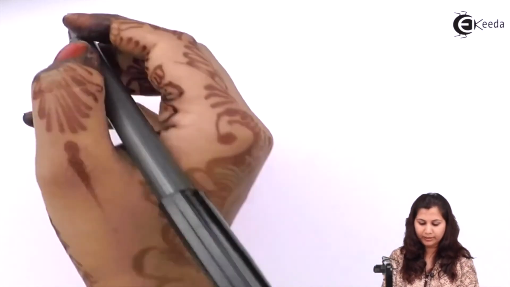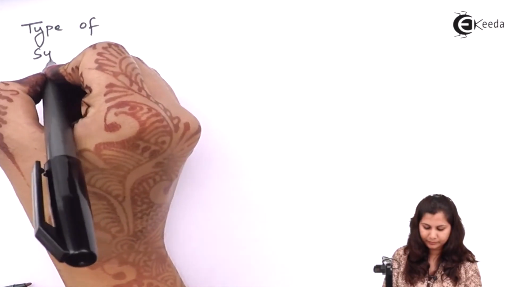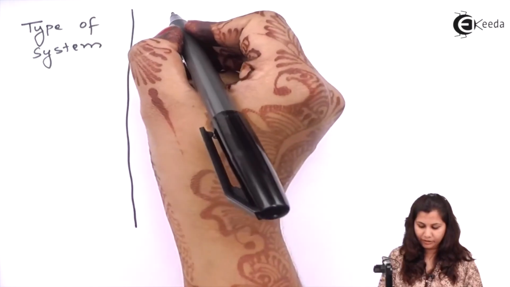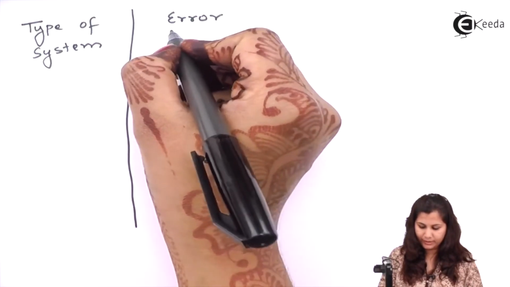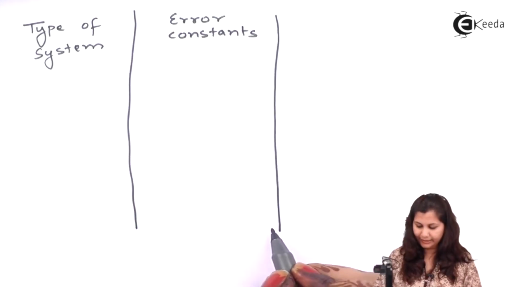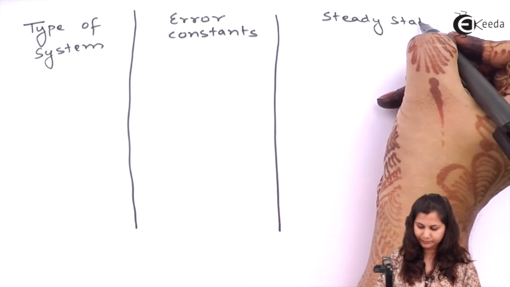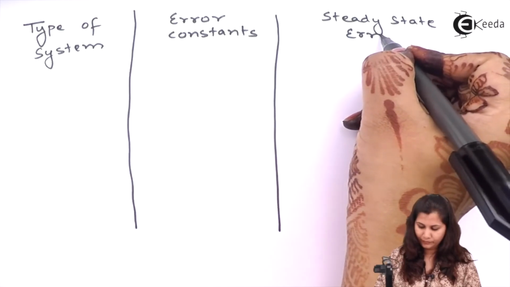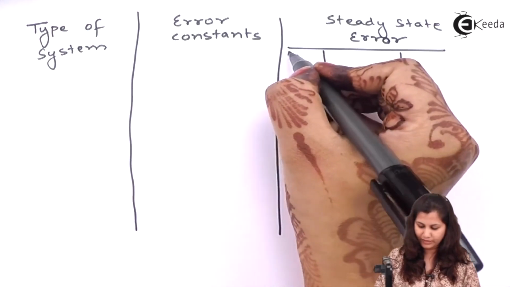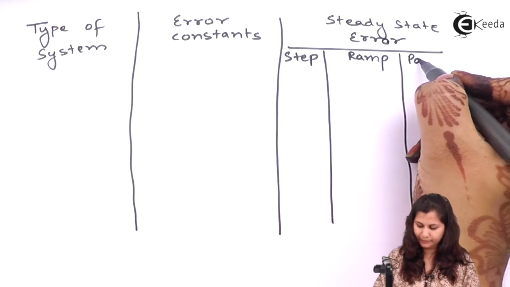Here we have the type of the system, here we have the error constants or error coefficients, and here we have the steady state error. We will calculate the steady state error for the three inputs: first step, then ramp and then parabolic.